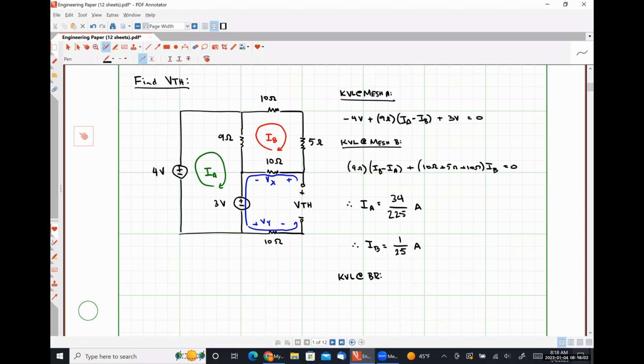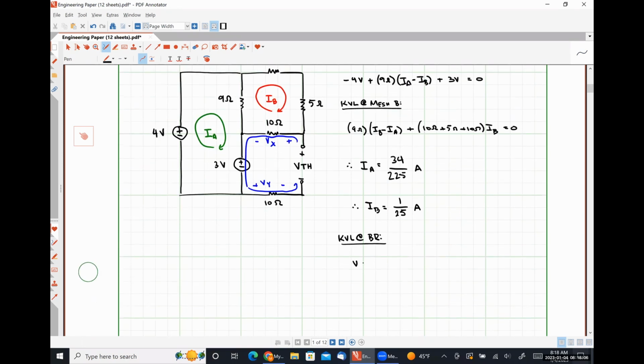So this is at the bottom right, okay? And so I can see that VTH will be equal to Vx plus 3 volts plus Vy. Everybody okay with that?